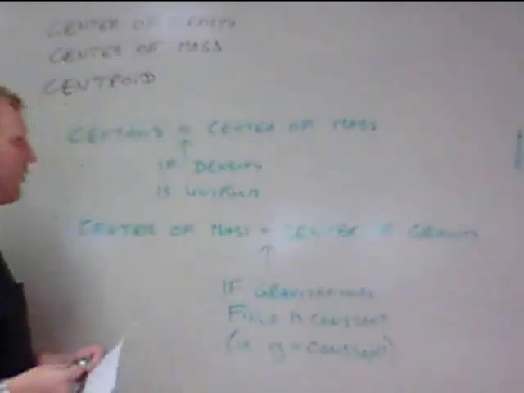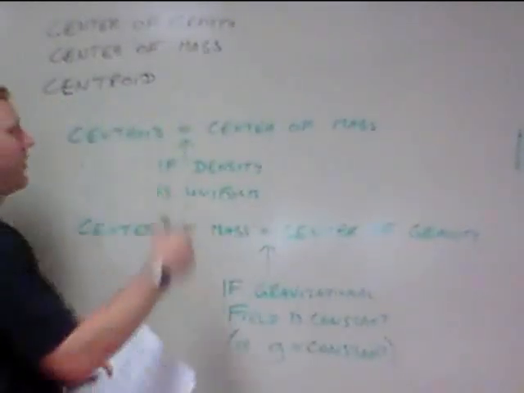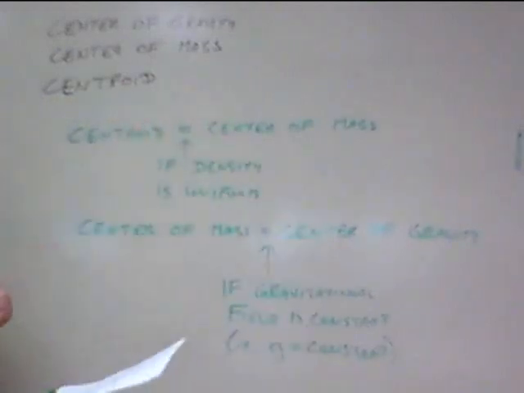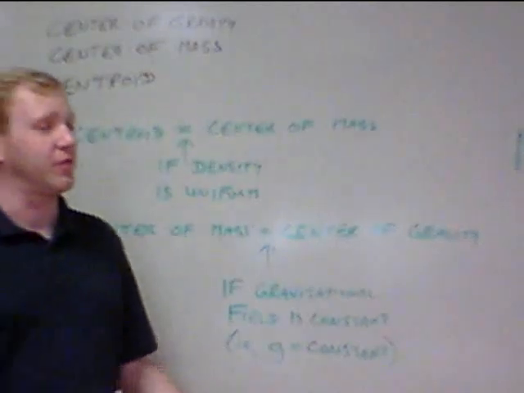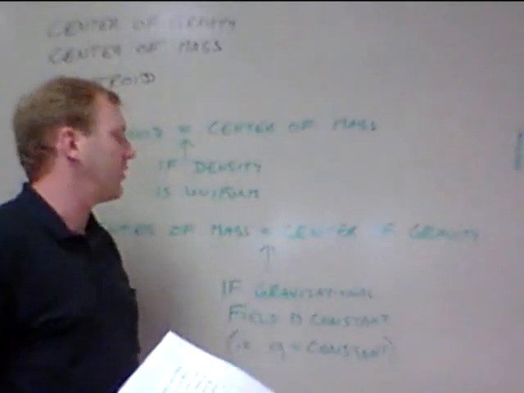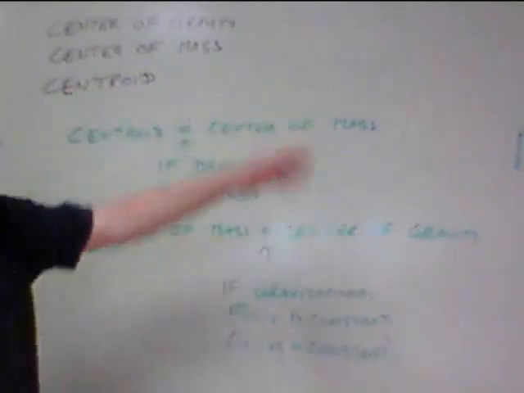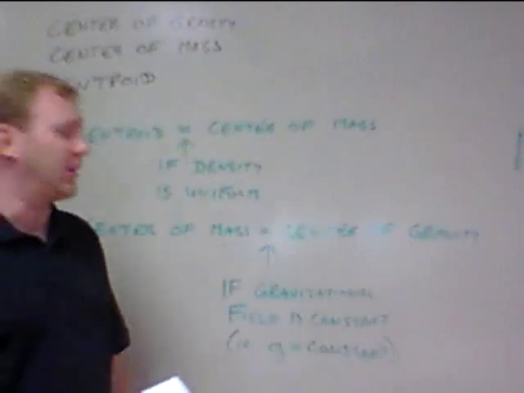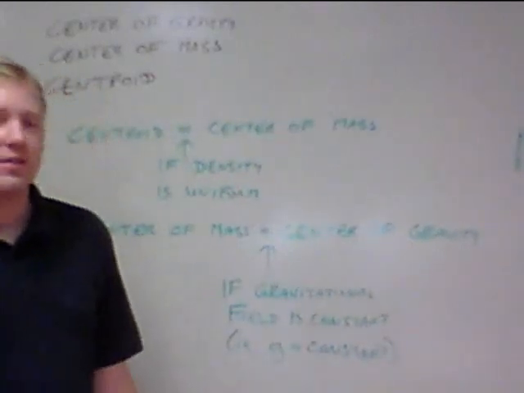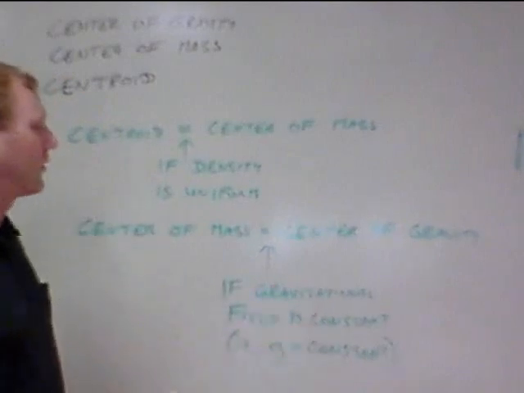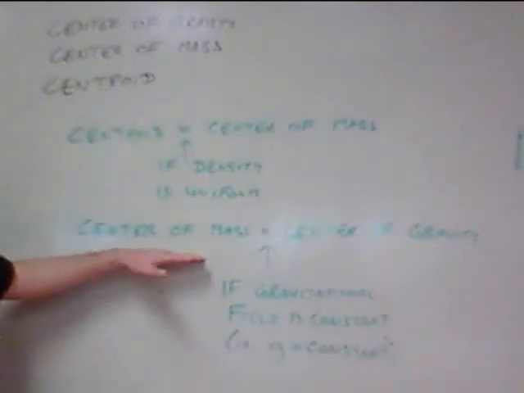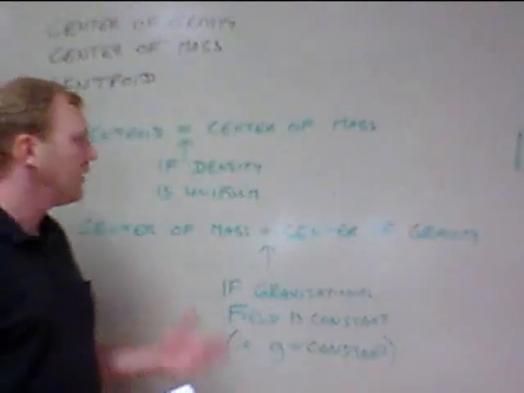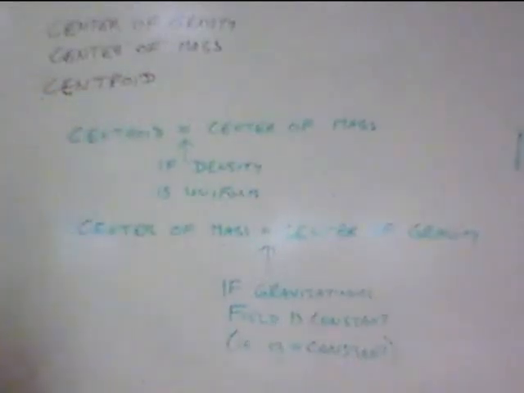So if we have a material that's uniform density, its center of mass is going to be at its centroid. If we're dealing with uniform gravity, which near the surface of the Earth we generally are, this really only comes into play if you're changing altitude significantly enough that your gravitation is going to change. And so assuming gravitation is going to remain the same, then your center of gravity is going to be at your center of mass. So these are, for our purposes, going to be the same in almost every case.